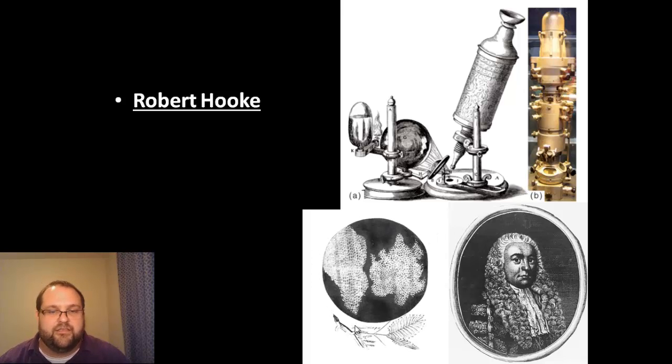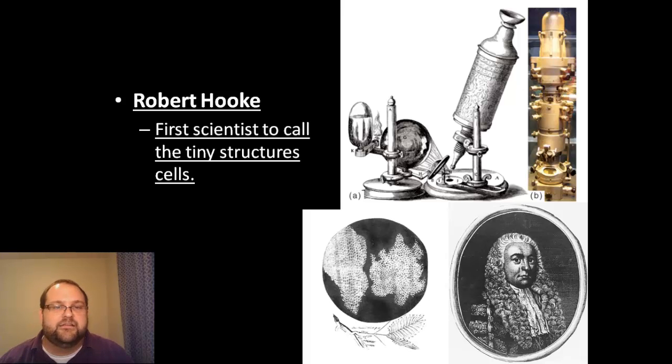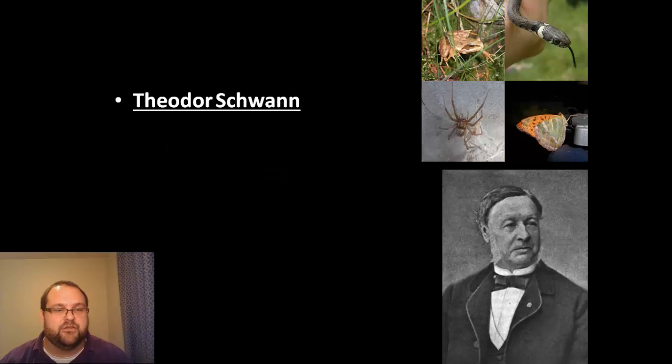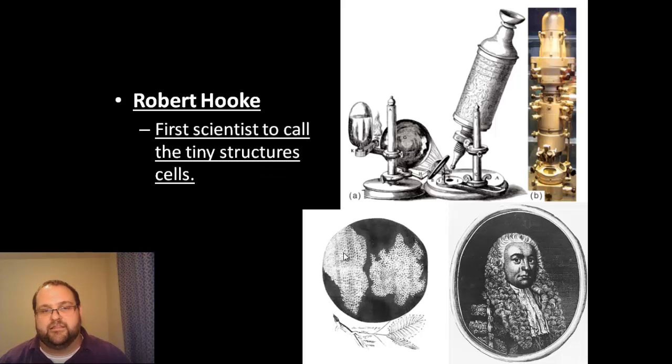Down here you notice there's a bunch of cork cells. He said they looked like little rooms in a monastery, and those rooms were called cellulae. So Robert Hooke is accredited for naming cells: he's the first one to call these little structures cells because he looked at cork and thought they looked like the rooms in a monastery.